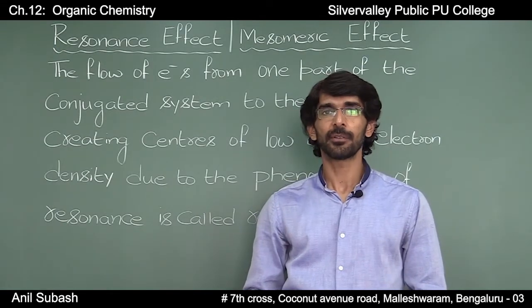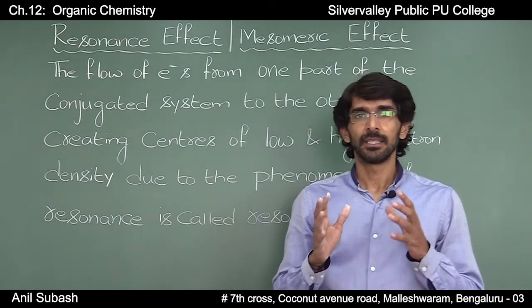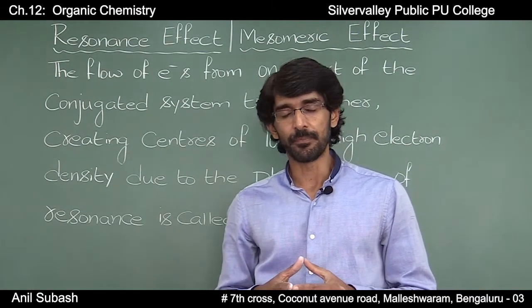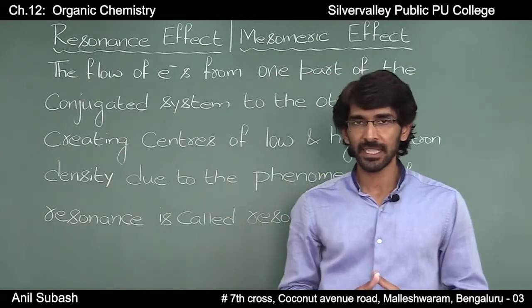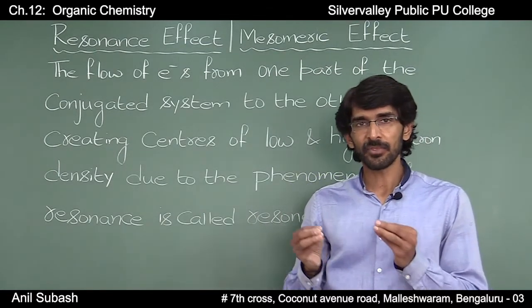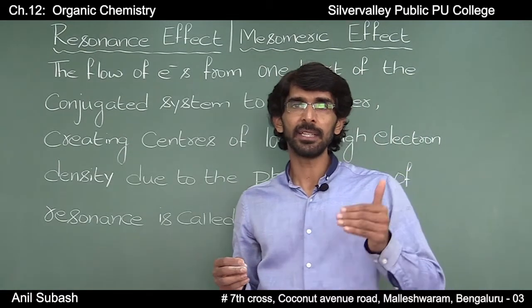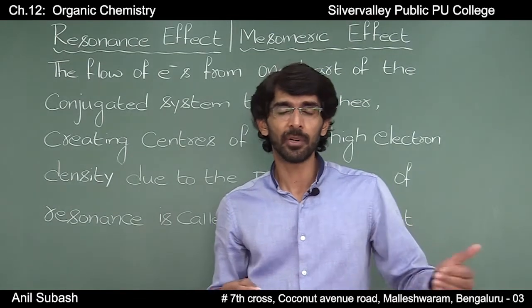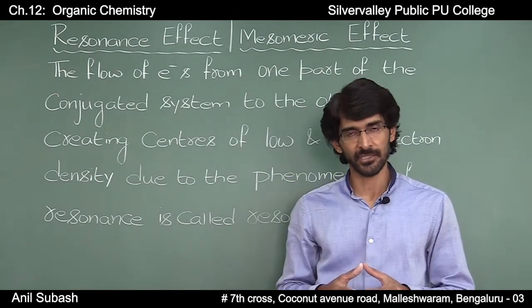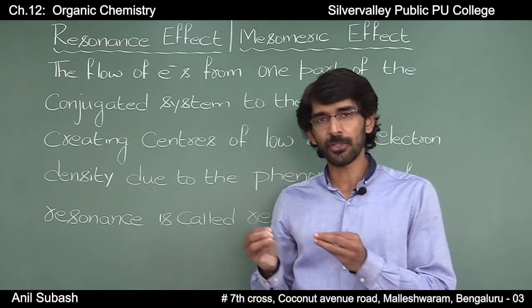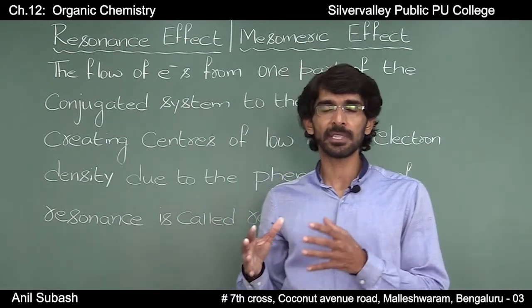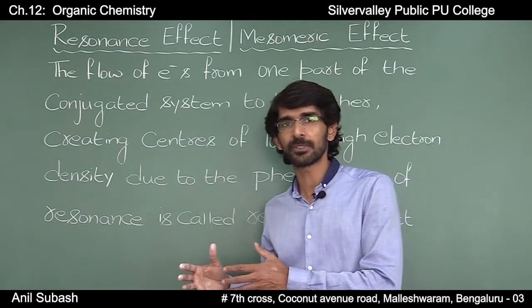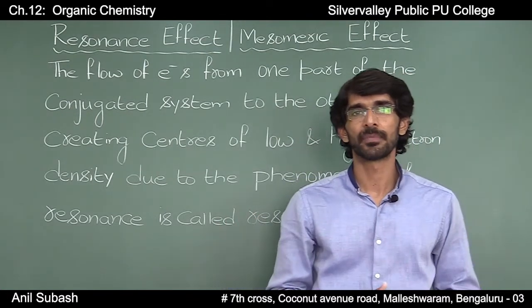Resonance effect or mesomeric effect. In the case of a conjugated system, what do we mean by a conjugated system? A system which contains alternate single bonds and double bonds is known as a conjugated system. And in the case of a conjugated system, the electrons can flow from one end of the system to the other.